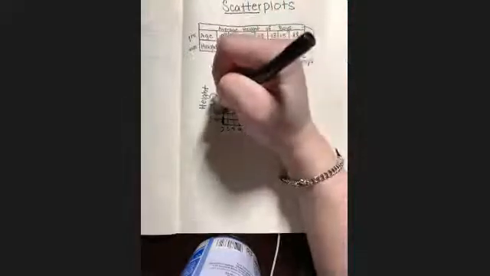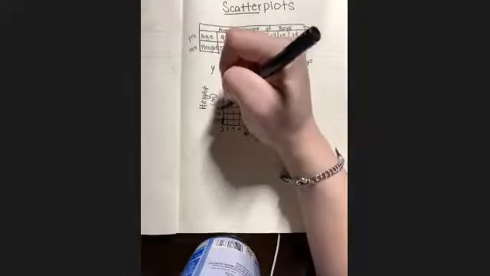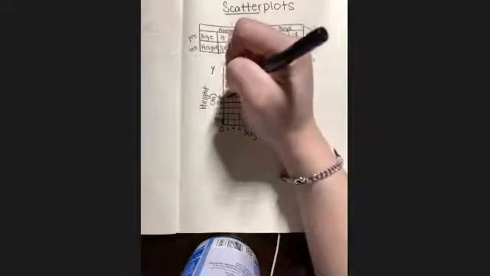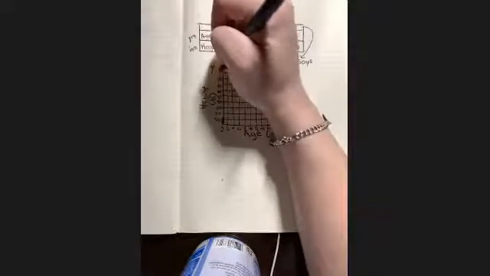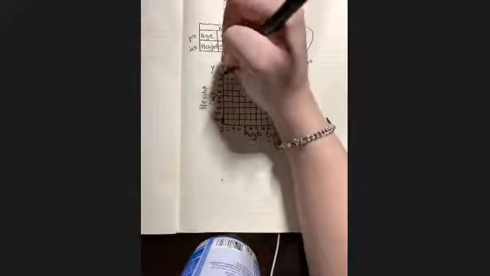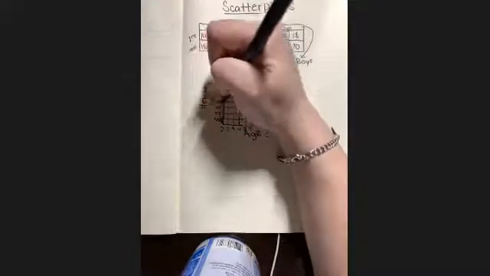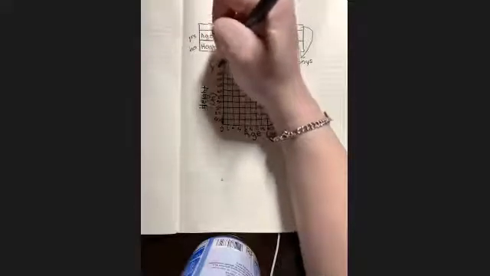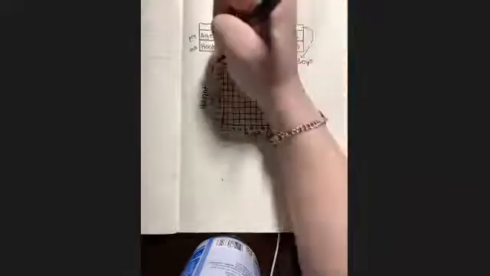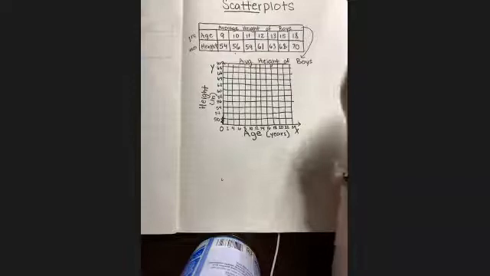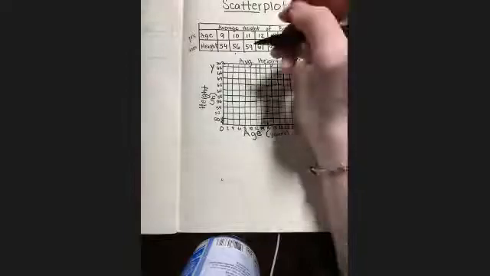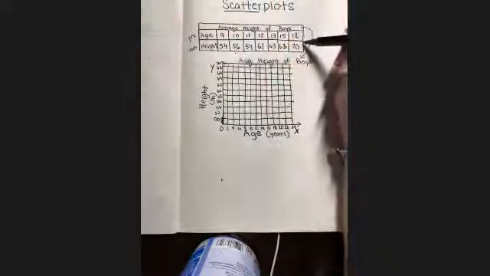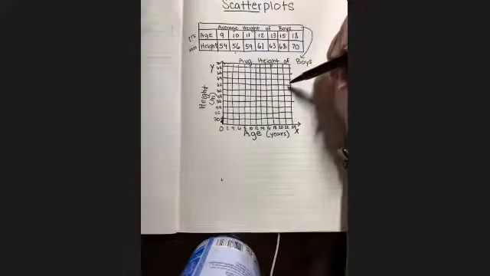So 50, 52, 54, 56, 58, 60, 62, 64, 66, 68. Oh, I've got to add one more line. Just barely short of 70. So now I was able to make my graph so that it can contain all of my data. Now it's time to plot the data onto our scatter plot.